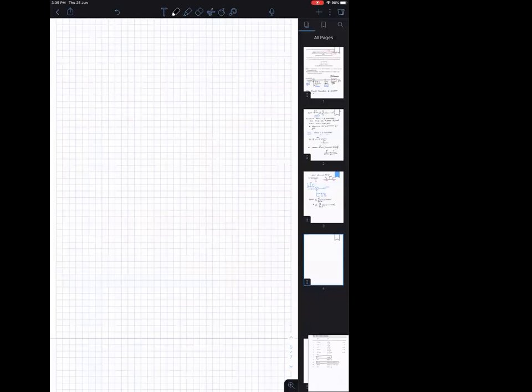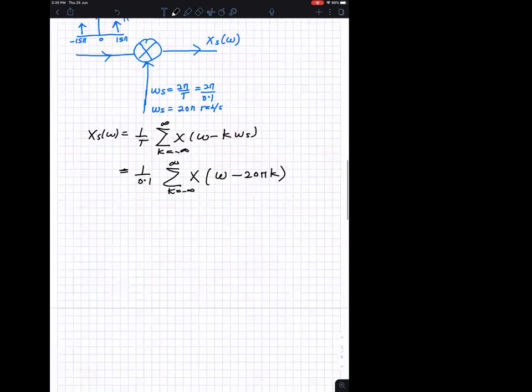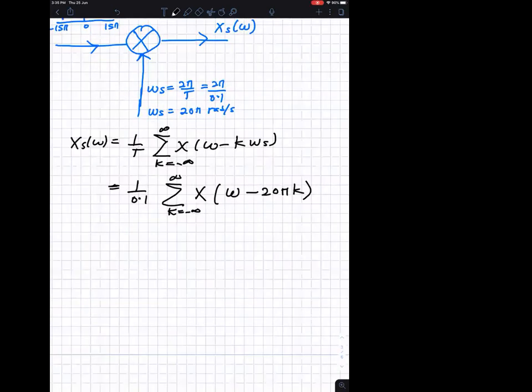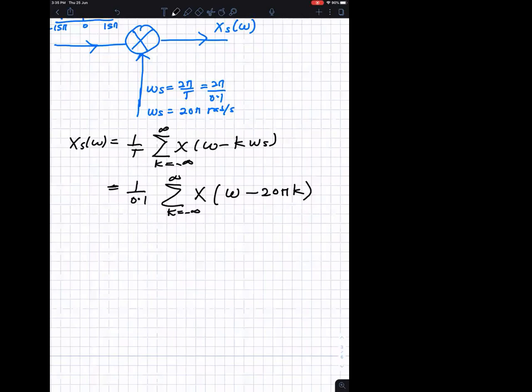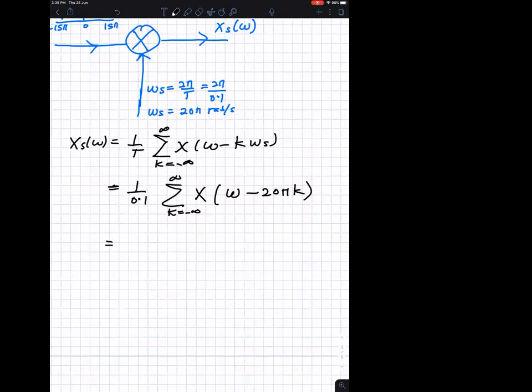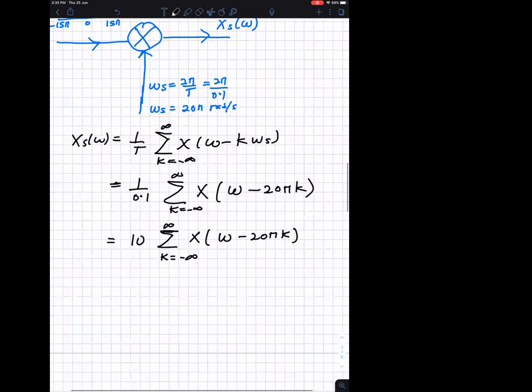So what this equation is going to do, it's going to scale it. 1 over 0.1 is 10. It scales the input signal, and then it's going to place a copy when k is equal to 0.